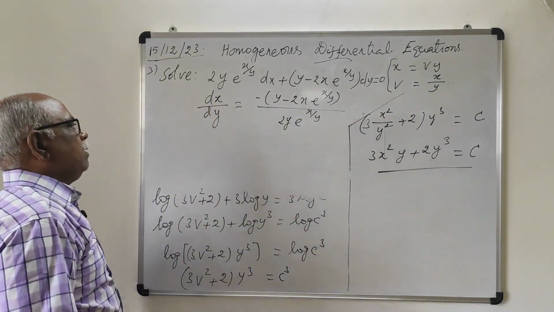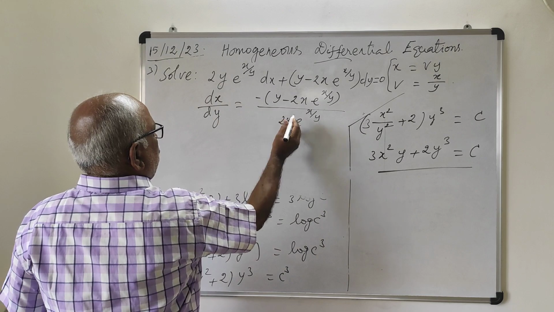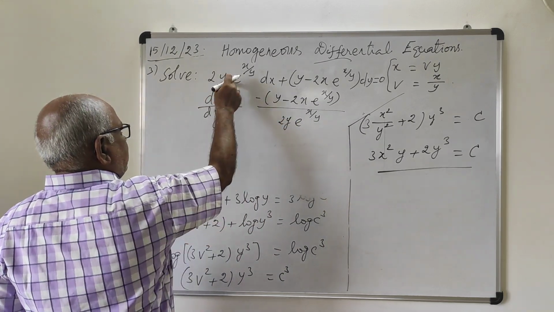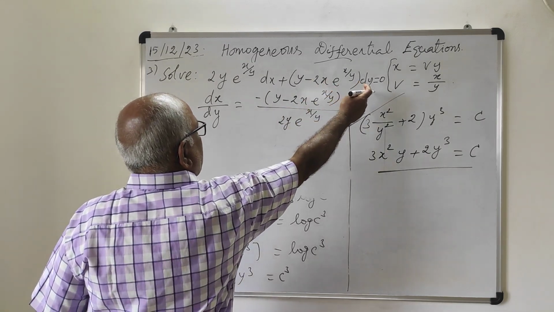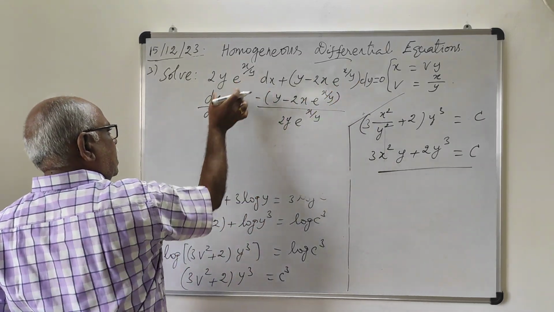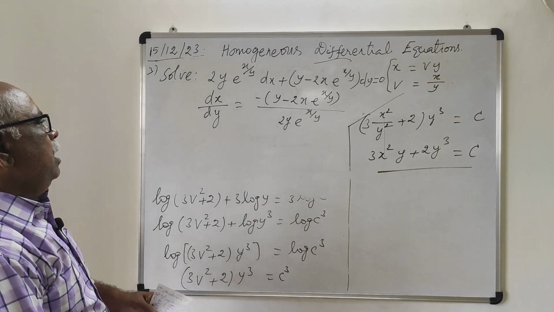This is dx by dy. So 2y into e power x by y dx plus y minus 2x into e power x by y dy is this. From this expression I convert to dx by dy.